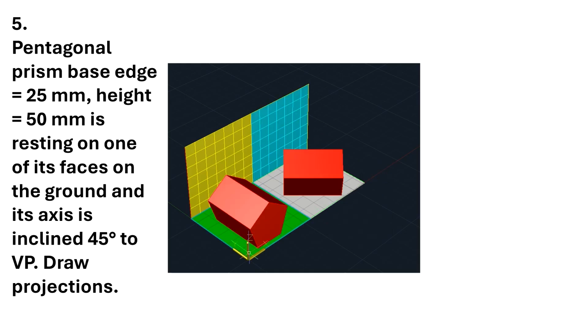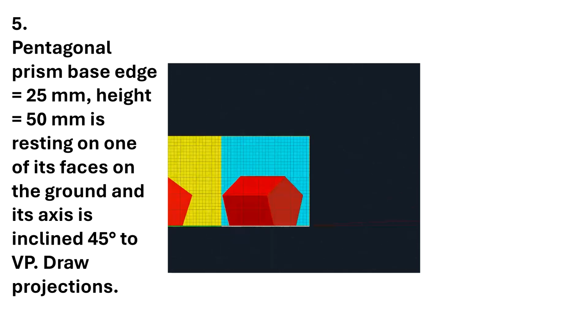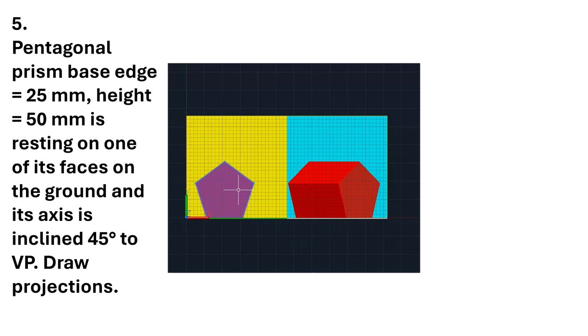Now if you want to see the front view of this solid, the front view will look like this. The front view of this solid looks like a regular pentagon. Once you get the regular pentagon, we will get the top view by projecting it. Then the other front view we will get by projecting from the third view and from the first view.